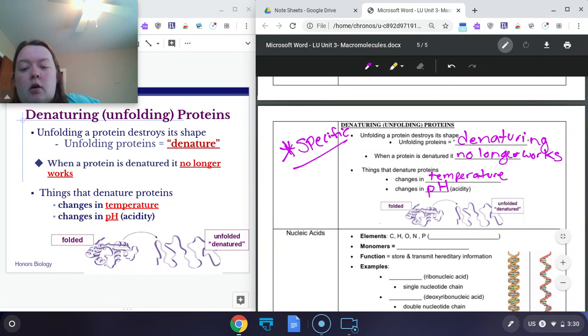So one example of a protein is an egg. When you crack an egg, everybody knows what an egg looks like. It has the yellow yolk in the middle that is liquidy, surrounded by a clear-ish, kind of jelly-like fluid.